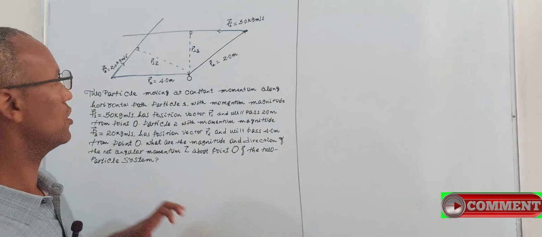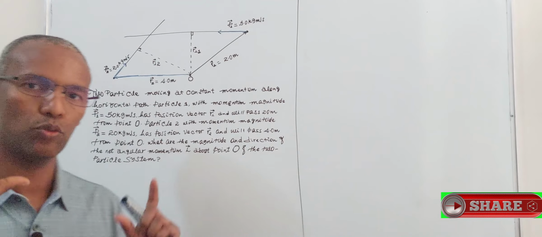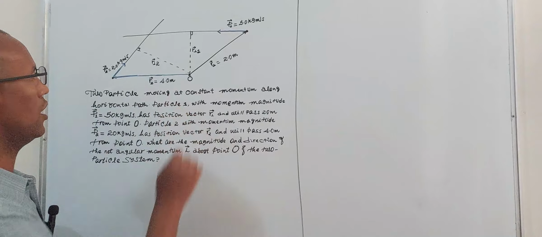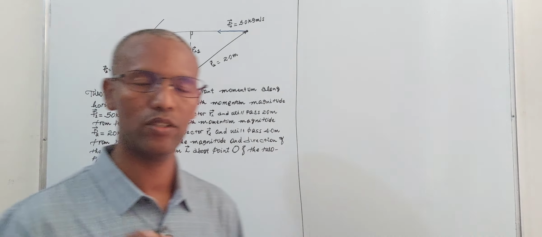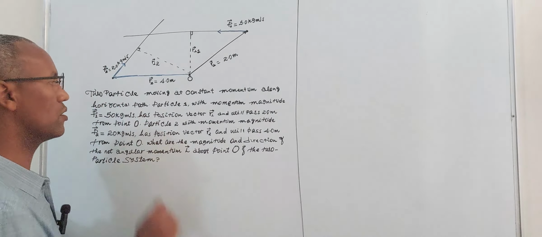So let's proceed with this exercise. It says there are two particles moving with a constant angular momentum along a horizontal path.